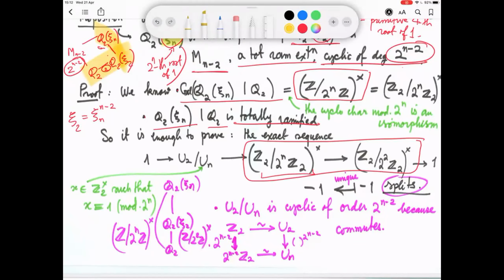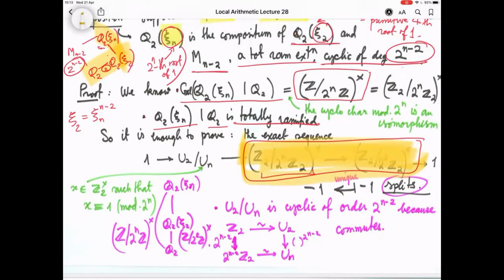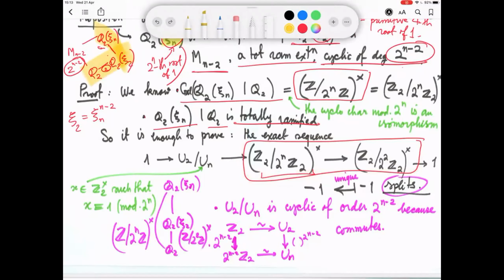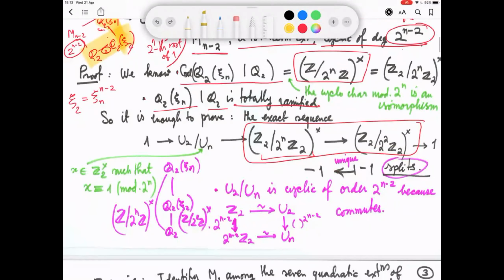The Galois group of the intermediate extension is a quotient of the whole Galois group, and this map here is the quotient map, right? And what is the kernel? We know what the kernel is.